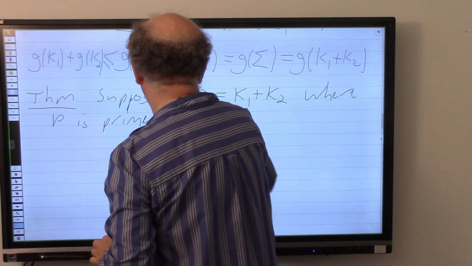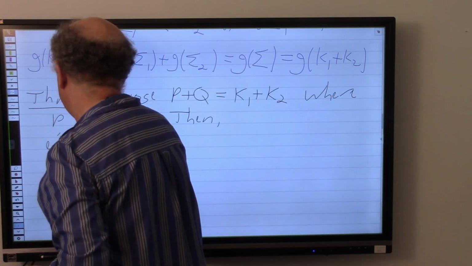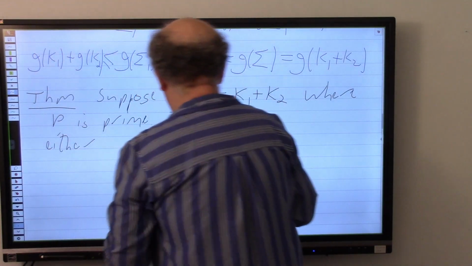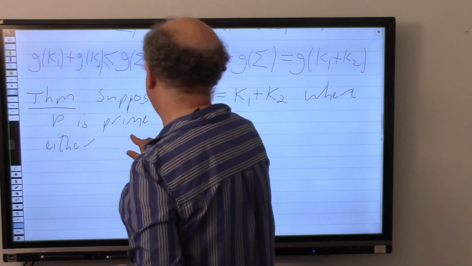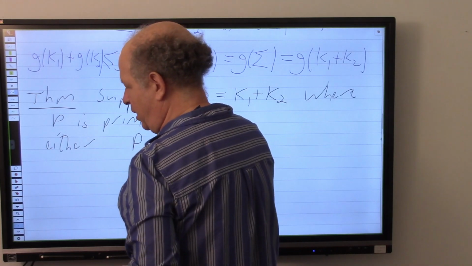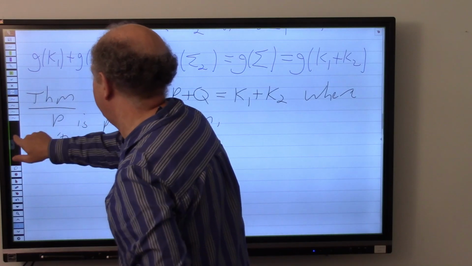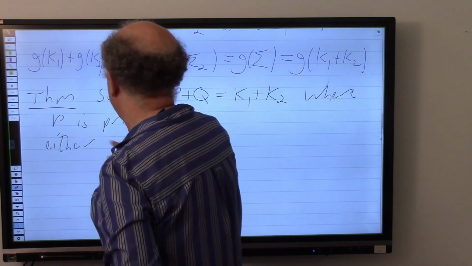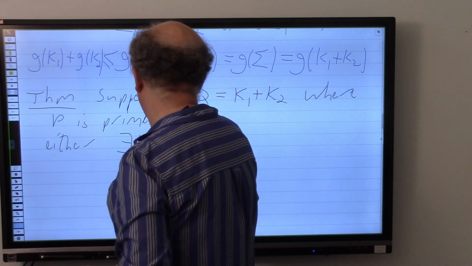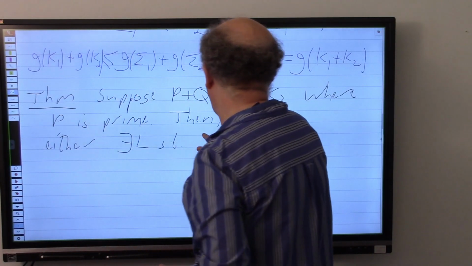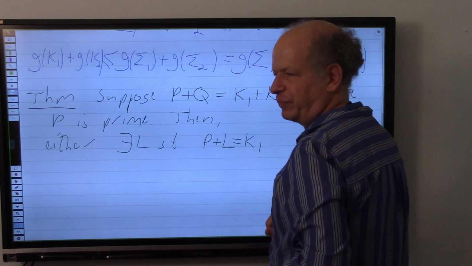So in this case, either P divides K1, or more precisely, either there exists some knot L such that P plus L is equal to K1.